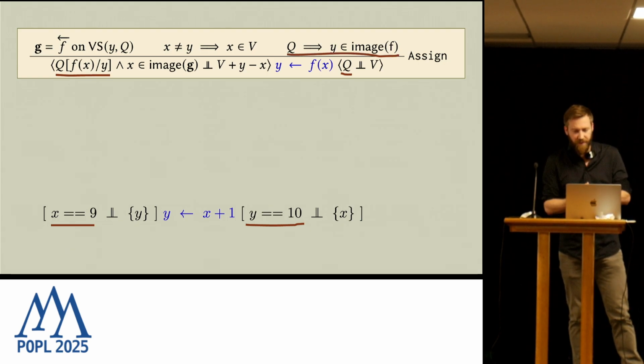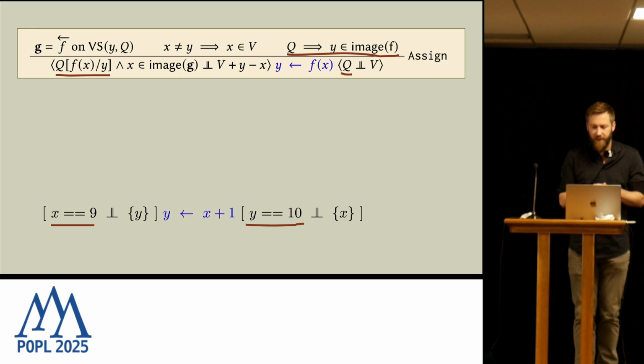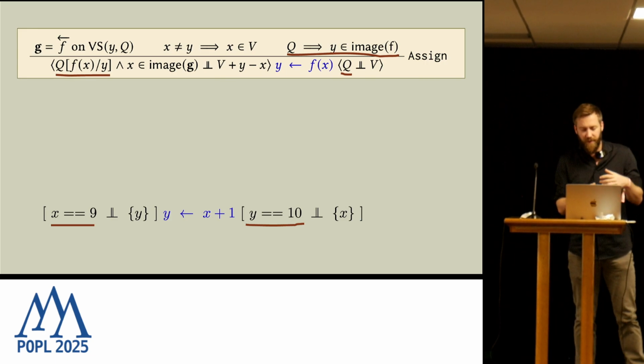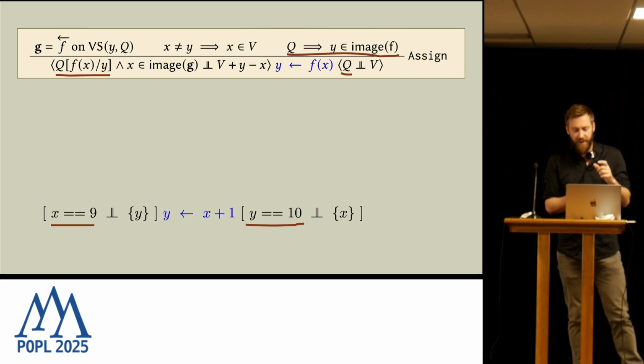First of all, there is a side condition. The side condition states that the result Q should be sufficiently strong to prove that Y is in the image of F. So why is this?